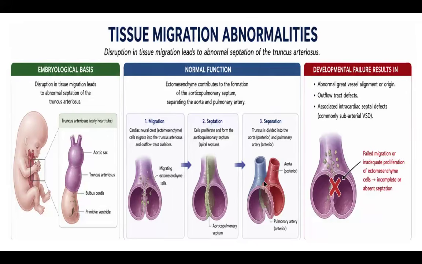You can see here the aorta and the pulmonary artery. And it's only natural, if this does not occur or something goes wrong in this process, then that's going to create an abnormal vessel alignment. We're going to have an outflow tract issue as well as a septal defect issue. One of the three, or it could have all three. Just really depends.